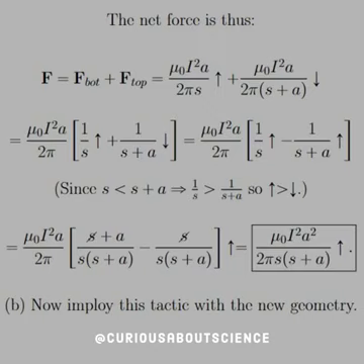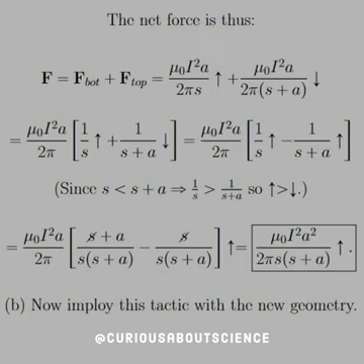So if we take their inverse, then the greater than sign flips, and we know that 1 over S is greater than 1 over S plus A. That tells us that the magnitude of the force pointing up is greater than the magnitude of the force pointing down. So our net result should be pointing up. So I flip the sign on the second fraction to a minus sign, but I also flip the direction to up. So doing that allows us to combine these things while keeping the directionality consistent.